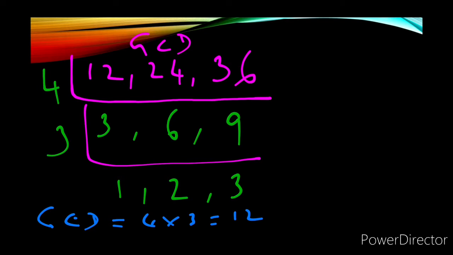So remember, to find GCD, we have to stop when all the numbers are not divided by the same factor.